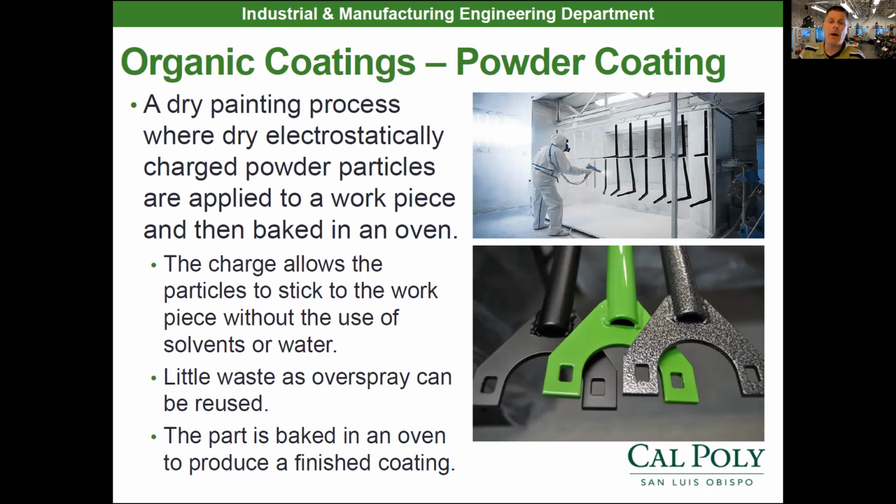The cool part about powder coating is there's little waste, because I can reuse my overspray. It's done in a booth, and I can take all the powder particles and put them back into my gun, or reuse them afterwards if I have a way to grab them back and recycle. Once it's baked in the oven, it produces a hard enamel coating.